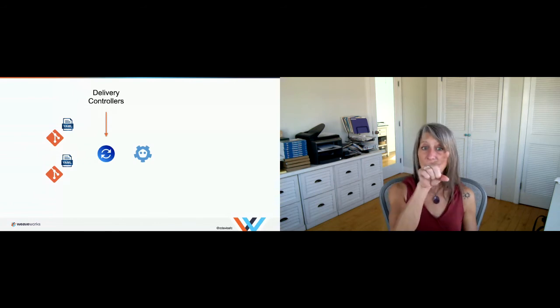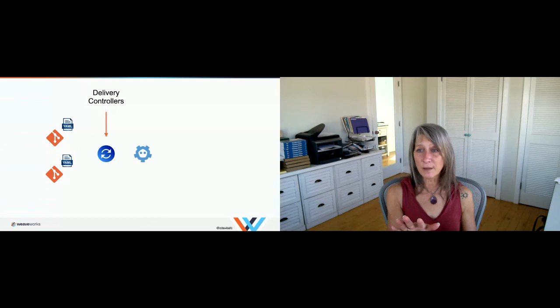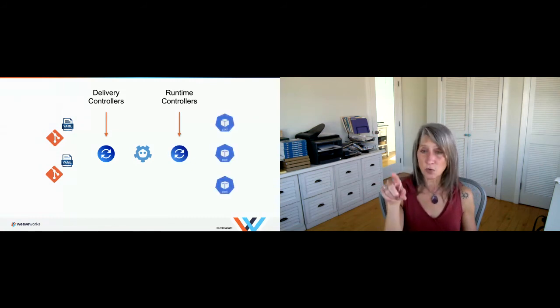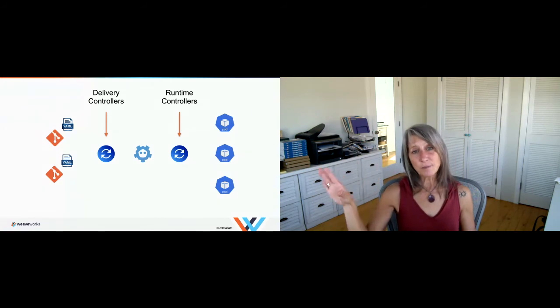What we do then is we take that declarative configuration and we use a number of delivery controllers, that's these infinite loops, that are going to deliver things into a runtime environment. Then our runtime environment needs to have some runtime controllers that are constantly reconciling, that stand up your application in production.